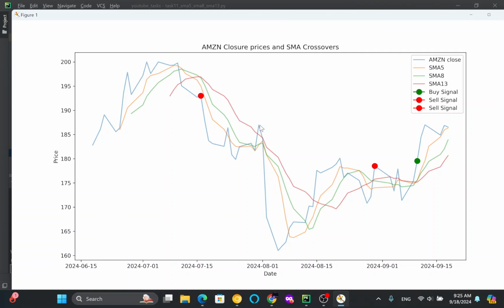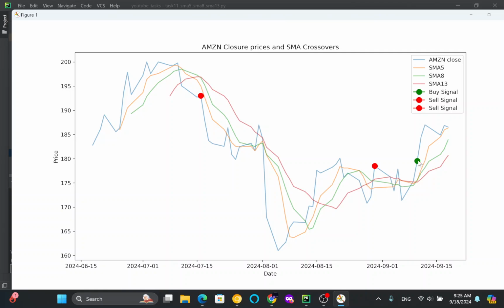Here it wasn't counted before because 8 was already below the 13 and never went above it, so the option wasn't kept. Here we again can see the crossover. 8 goes below 13, 5 was below 8, so this is one more sell signal, and that was basically true.